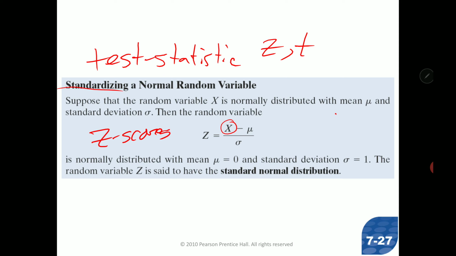With standardizing a normal random variable, we can take any data set, such as ACT scores, or weight of infants, and we can find probability on either one of these data. We could also find average salary.